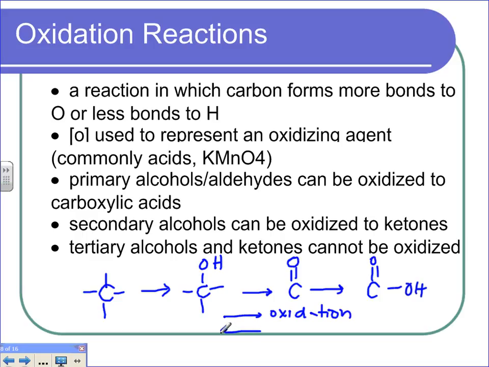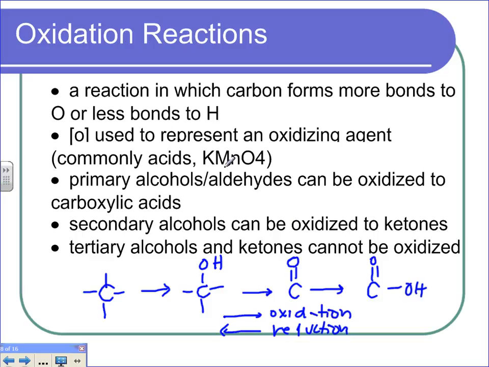And if we're going the other direction, we're looking at reduction. In order to oxidize something, we need something called an oxidizing agent. And potassium permanganate is a common oxidizing agent, and there are other acids like HClO4 or HClO3.